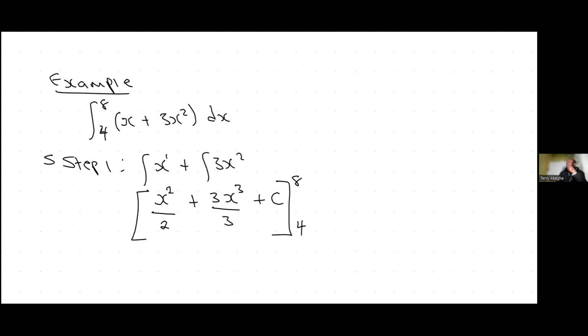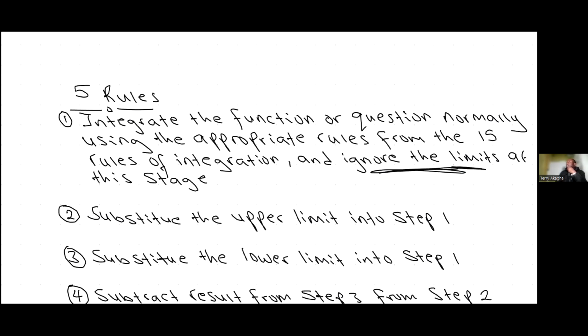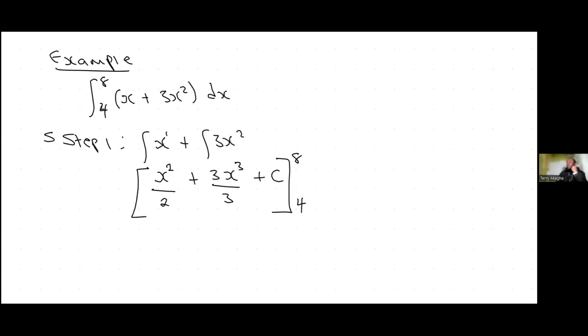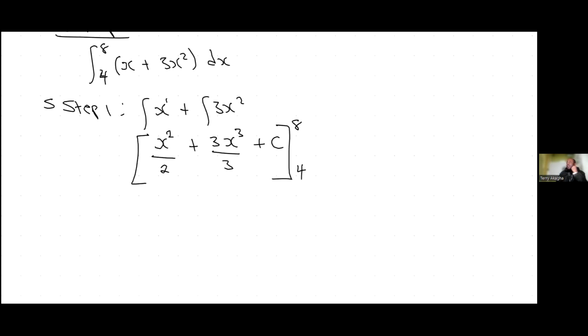Are you seeing it? Now, step 2 says that we then have to substitute the upper limit into step 1. So step 2, we're going to substitute the upper limit.